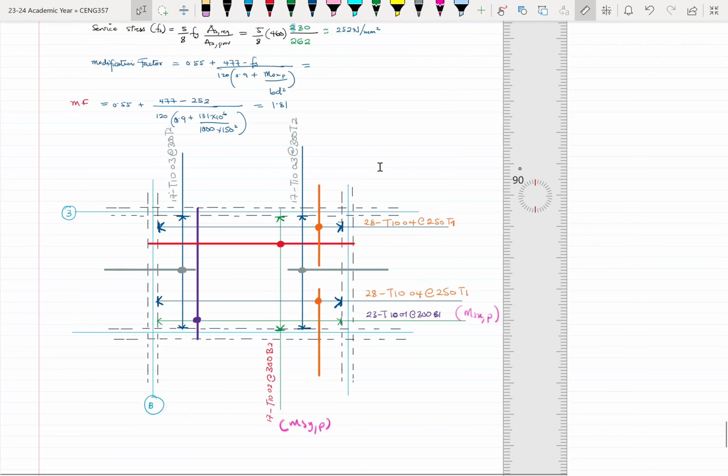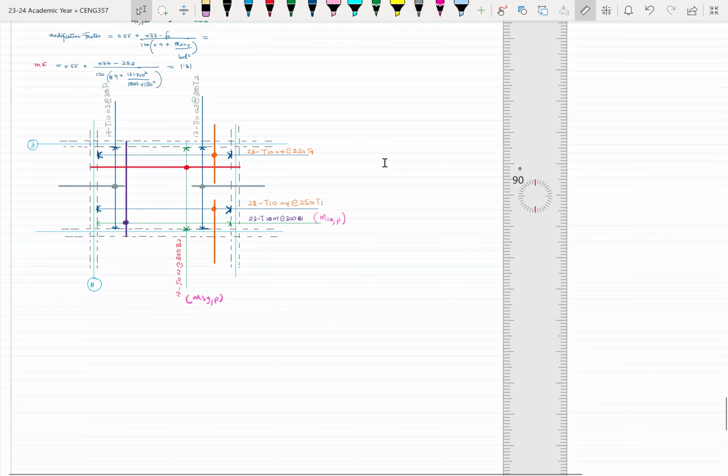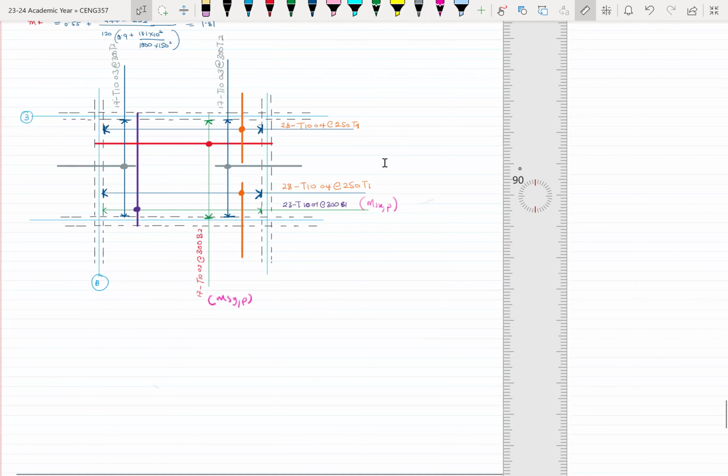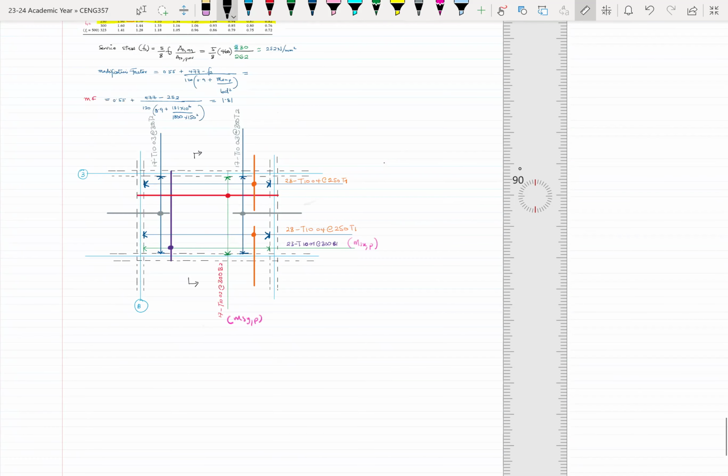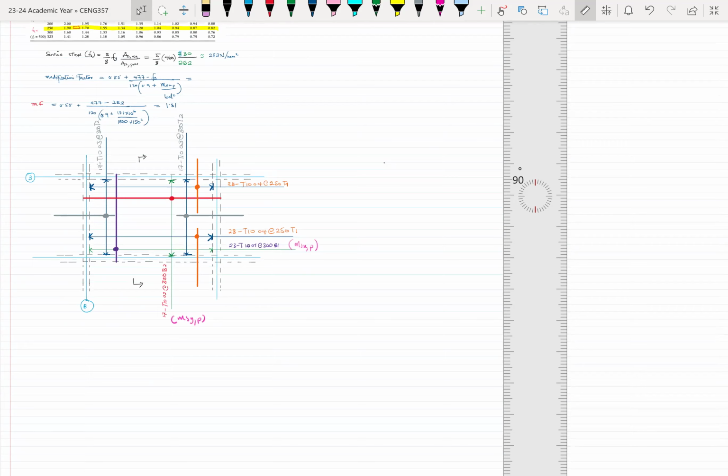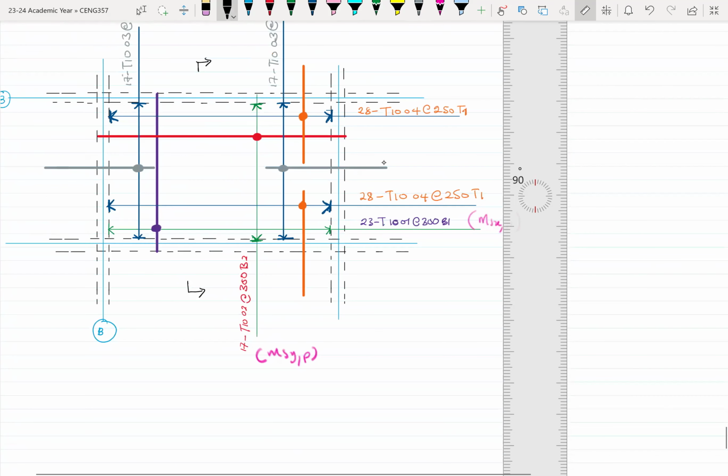All right. So we can take cross sections of it and just see how they would look like. So let's take some cross sections. Let's just take a section through here, another section through here. So this is section maybe BB.